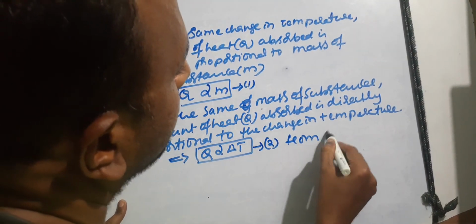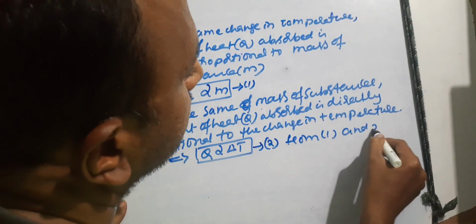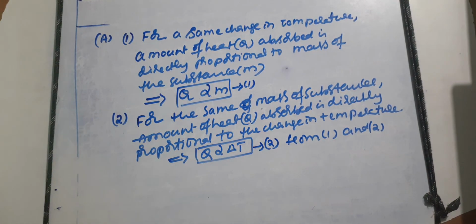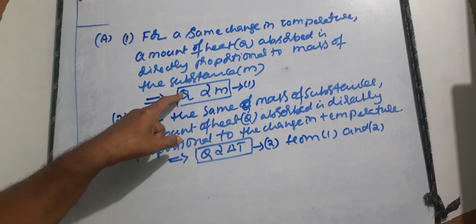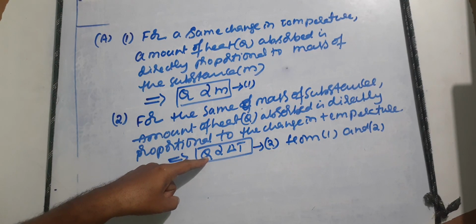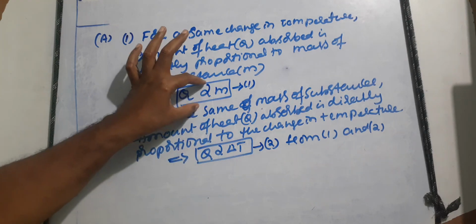So from equation 1 and 2, Q is there in both, with the proportionality symbol, so these are common.